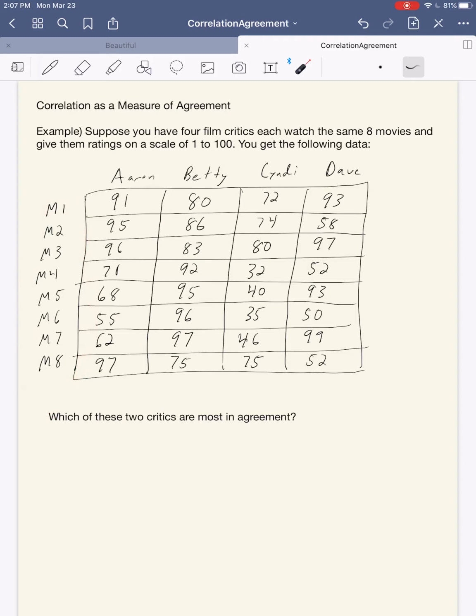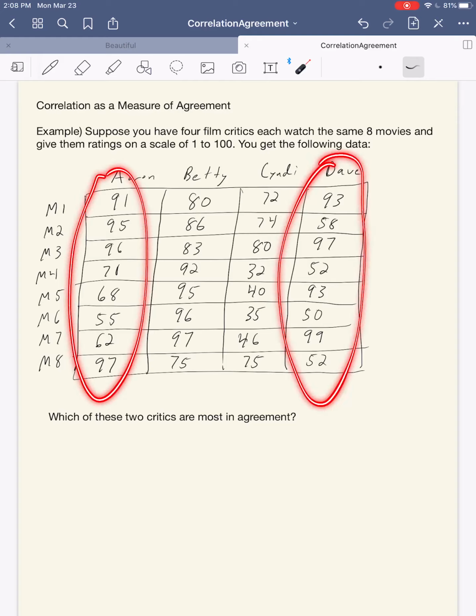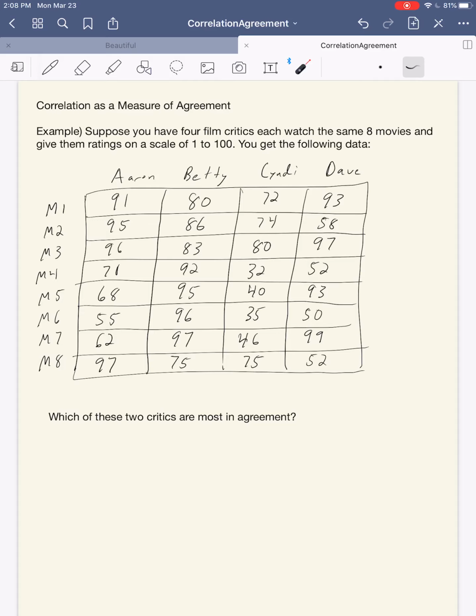Also, keep in mind that we have to do all of this relative to how people give these scores. Ehren and Dave seem to give very exaggerated scores. Ehren was giving scores up in the 90s and then down in the 50s and 60s, whereas Dave was doing the same thing, with some 90s and some 50s, 50, 52, etc. Betty, on the other hand, seems to be one of the nicer reviewers.